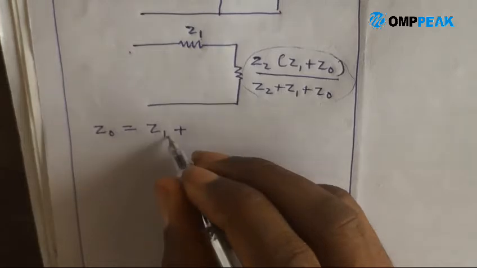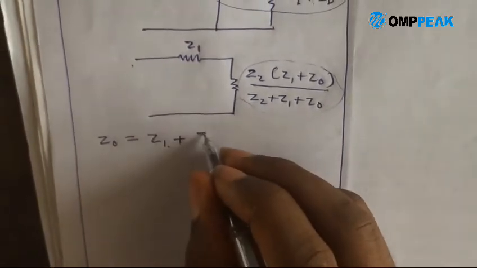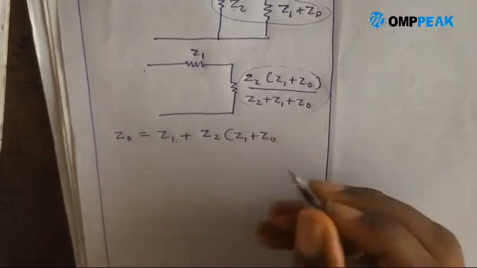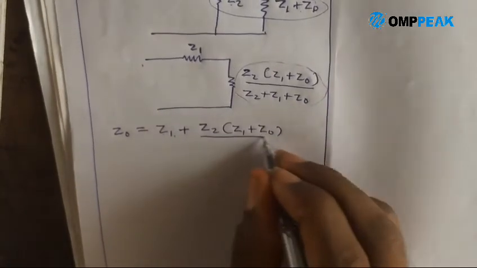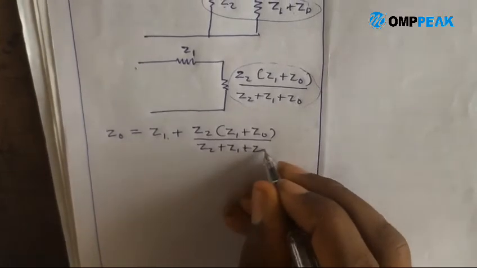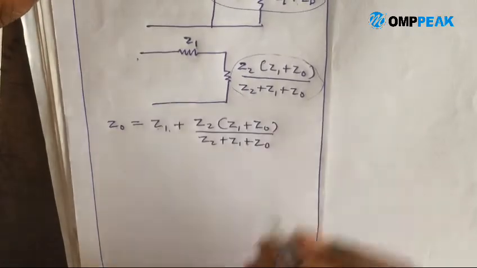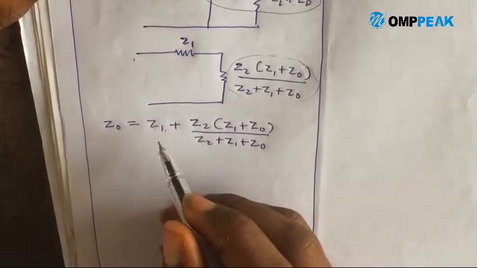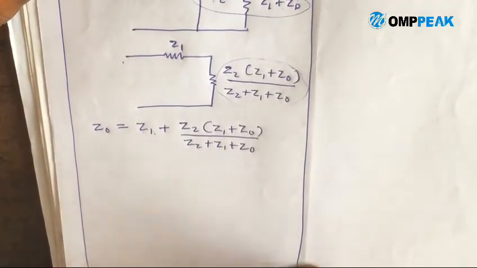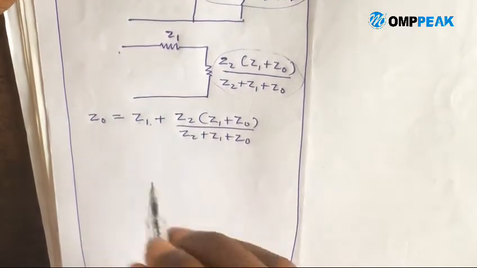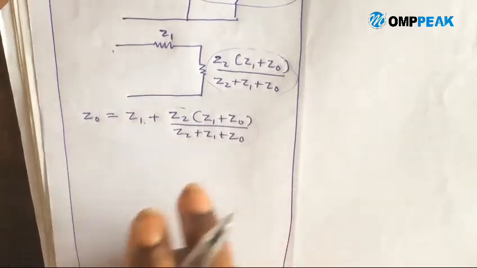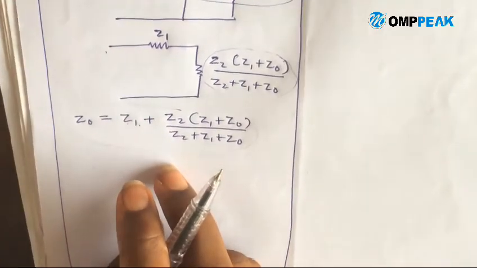So Z1 plus Z2 (Z1 plus Z0) over Z2 plus Z1 plus Z0. As you can see this, now we said don't forget that any whole number is over 1. So now let's find the LCM of this.